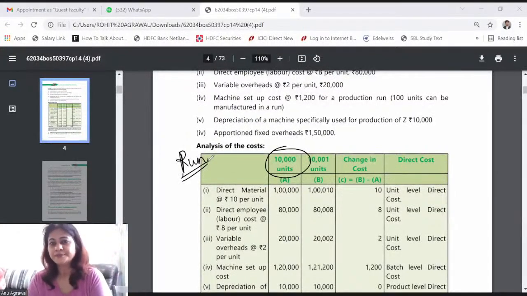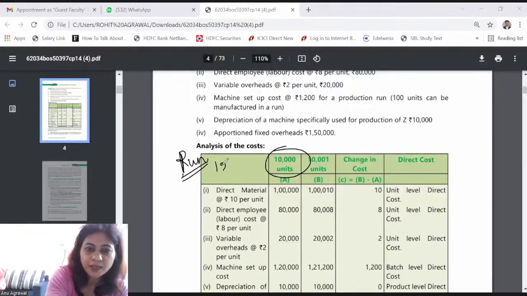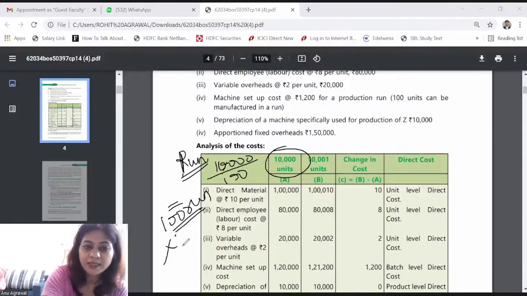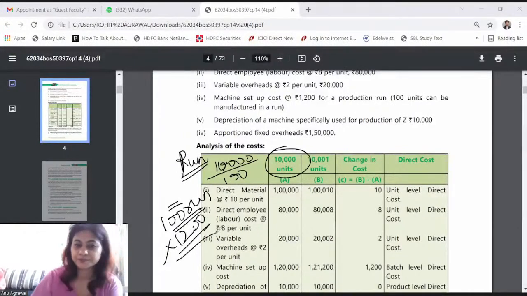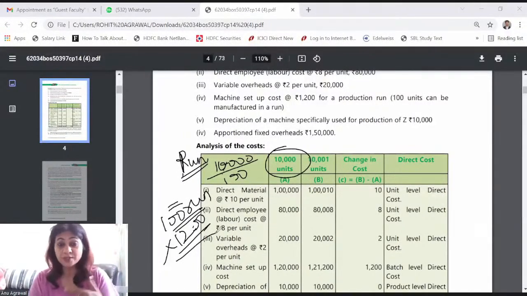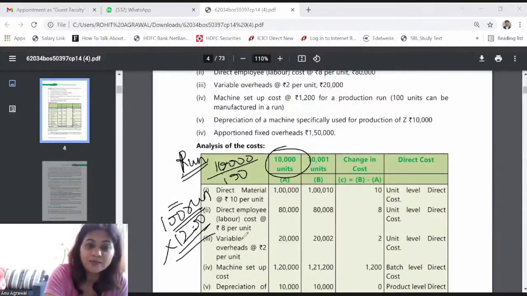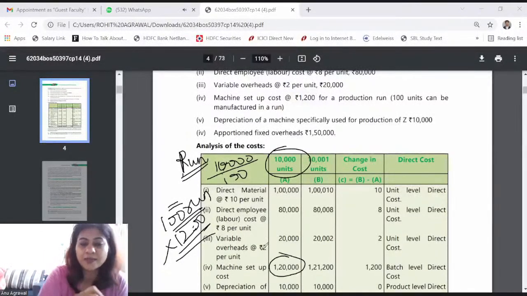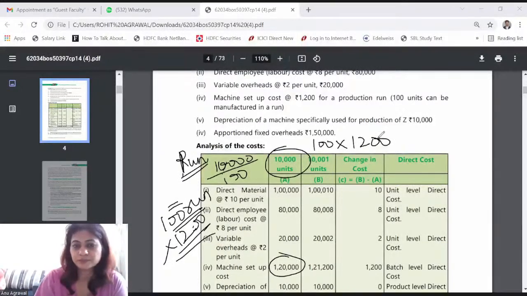How many runs would there be? It will be 10,000 units divided by 100 units, so there are going to be 100 runs. That means at each run, you're going to incur 1,200. So what is your setup cost? 1,200 into 100, 1,20,000.